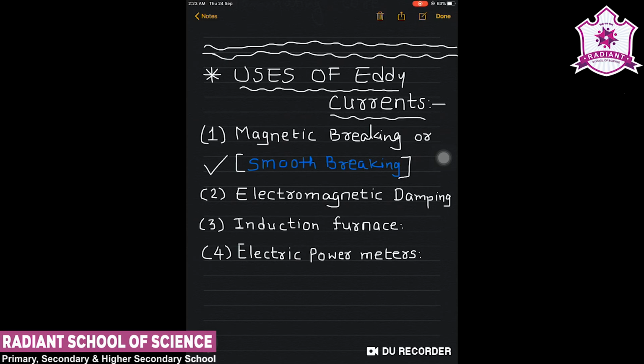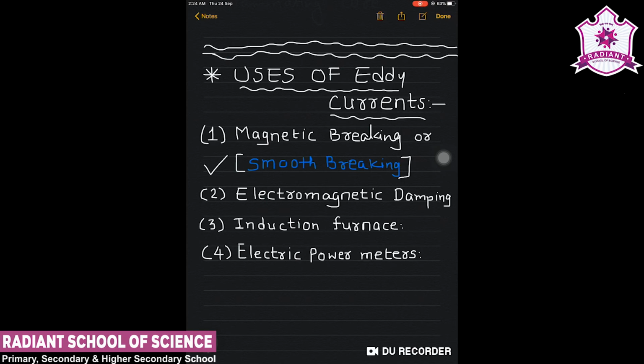Now, using these phenomena, certain galvanometers have a fixed core made of non-magnetic metallic material. We can say for a moving coil galvanometer, it has a fixed core made of non-magnetic metallic material.